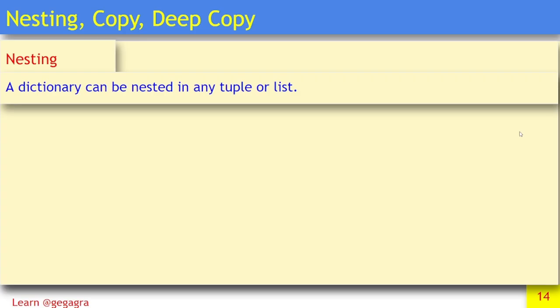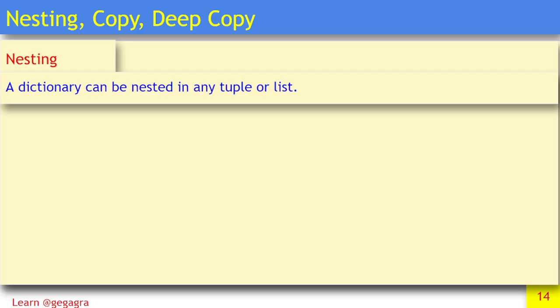Going to discuss nesting. A dictionary can be nested in any tuple or list. A dictionary can be nested in any tuple or list means in the dictionary or in the tuple we can have the dictionary, and tuple or list we can have inside the dictionary as well, and we can have the dictionary within the dictionary as well.